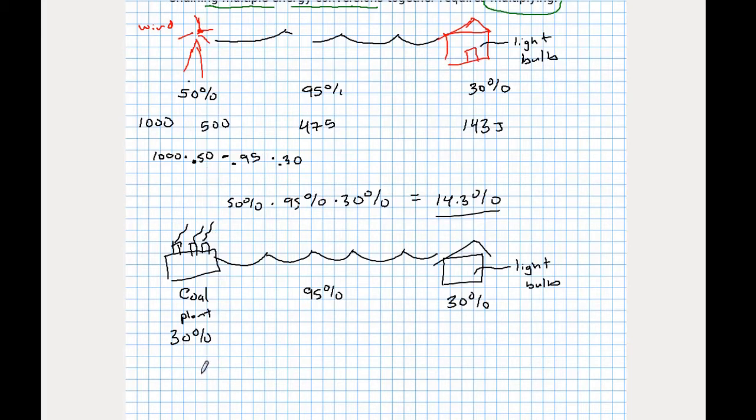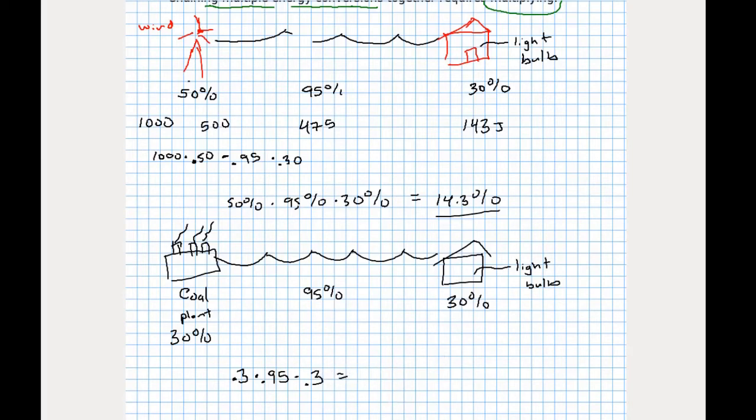So let's calculate the total efficiency of this system that has the coal plant in it instead of the wind plant. So we've got the 30%, the 95%, and the 30%. And the way I combine those three to get a single efficiency of the whole process is you multiply the 0.3 for the coal plant, that's 30%, times the 0.95 for the power line, that's 95%, times 0.3 again for the light bulb.